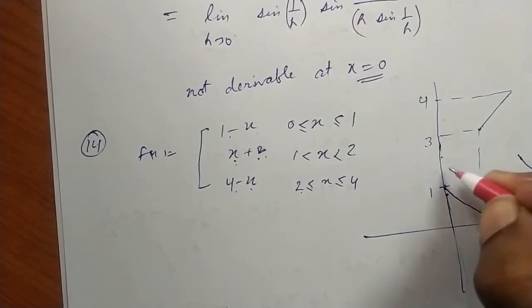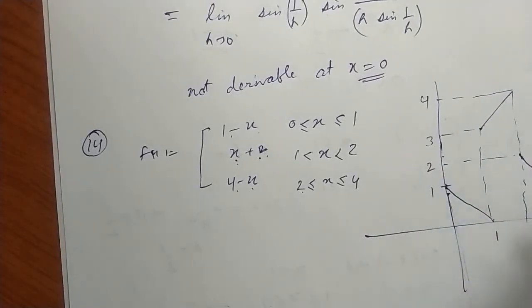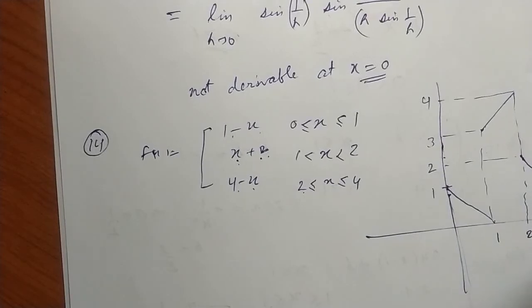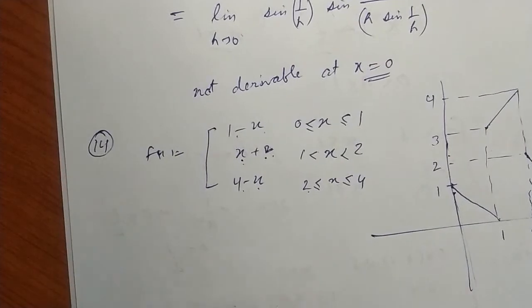So this is 2, this is 2, this is 4. So this will come over here. Okay, this is 4. Now first let's find f of f of x.